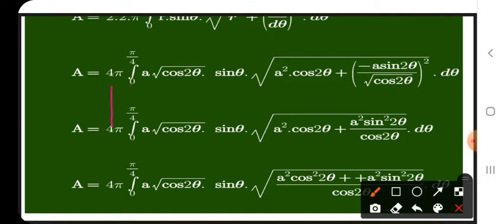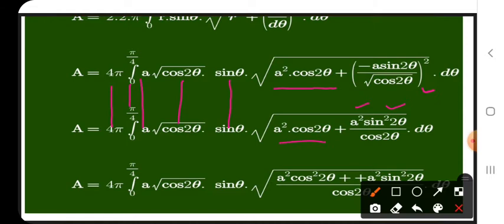Same, 4 pi integral 0 to pi by 4 of A root cos 2 theta sin theta, and root of a square cos 2 theta plus the whole square value. After squaring, minus square means plus, so we get a square sin square 2 theta.